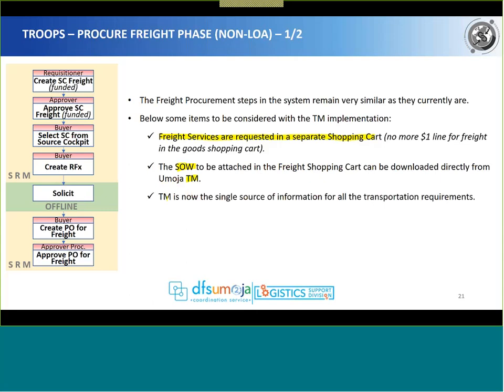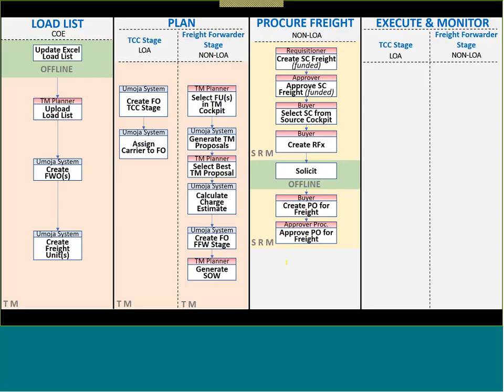Then we have all the information that is available in TM in terms of requirements, number of passengers, number of cabin baggage pieces. So we have all the information related to that transportation requirement in TM. What changes is that after we have awarded the freight forwarder and we have the PO, we need to assign that freight forwarder and the PO number in TM.